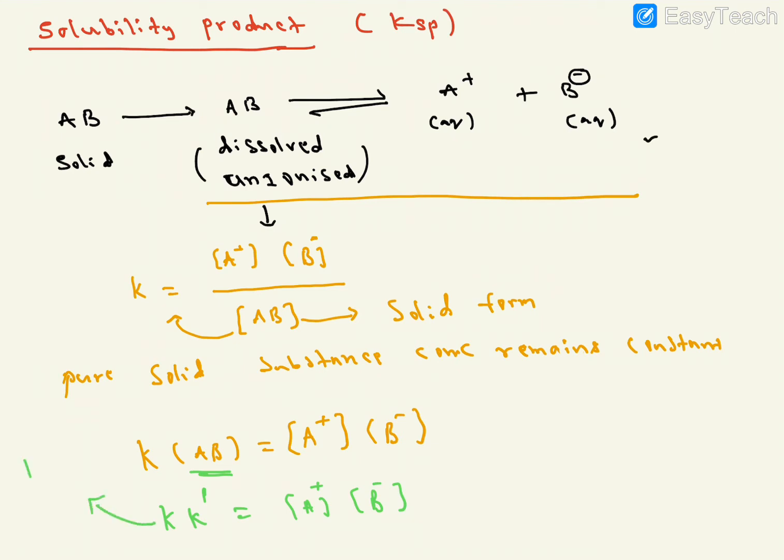This is called the solubility product. This is KSP, right? Here the KSP is equal to the concentration of the dissociated ions, A plus and B minus ions. I hope it is clear. So for a simple salt, the solubility product KSP is equal to the concentration of A plus ions into the concentration of B minus ions.